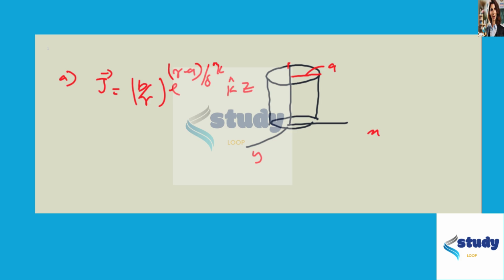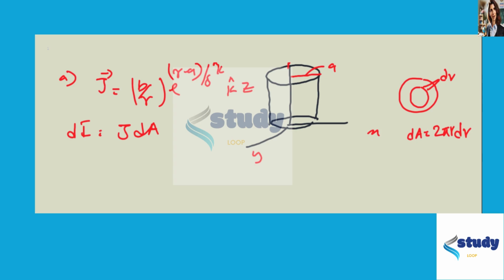r is the distance from the center, so for a dI current, for element dr here, whose area will be dA, which will be equal to 2 pi r times dr. Then we can write dI will be equal to J times dA using the definition of a current density.